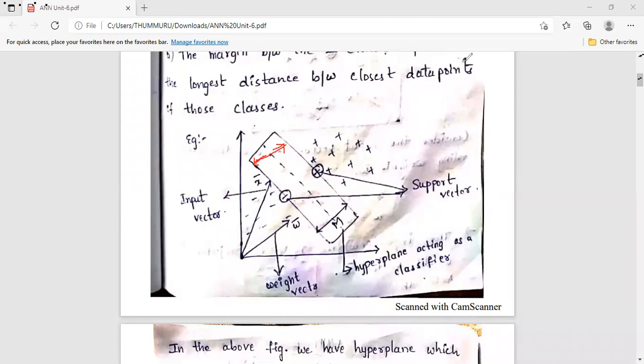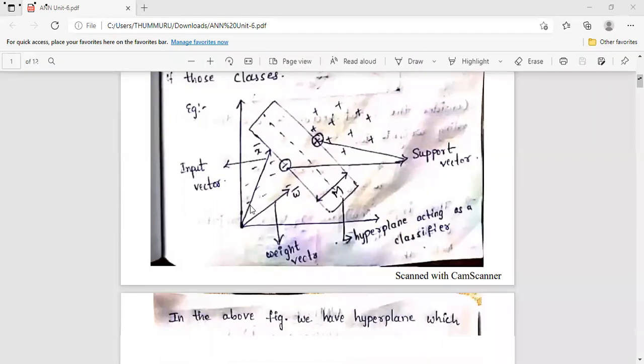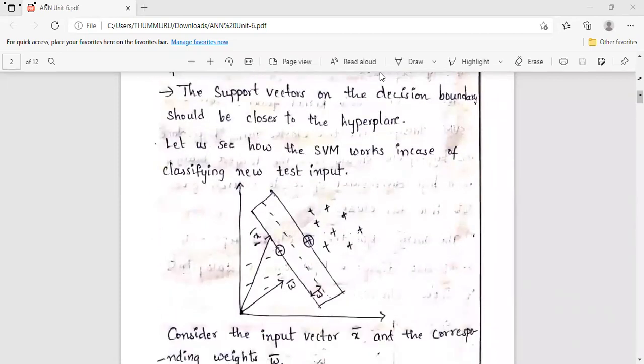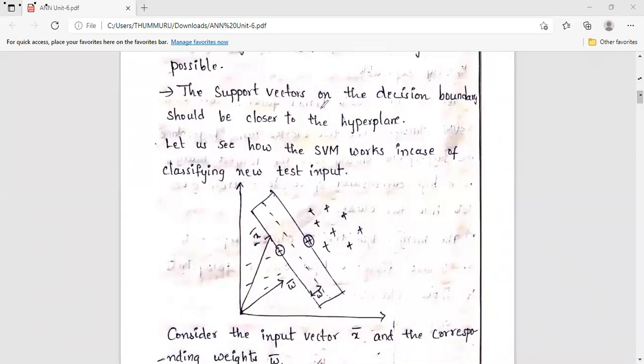Next, the support vectors on a decision boundary should be closer to the hyperplane. These support vectors are closer to the hyperplane. The dotted line represents the hyperplane, so these two are very close to it.